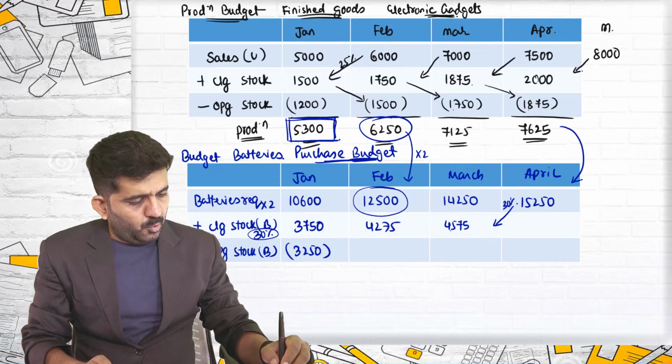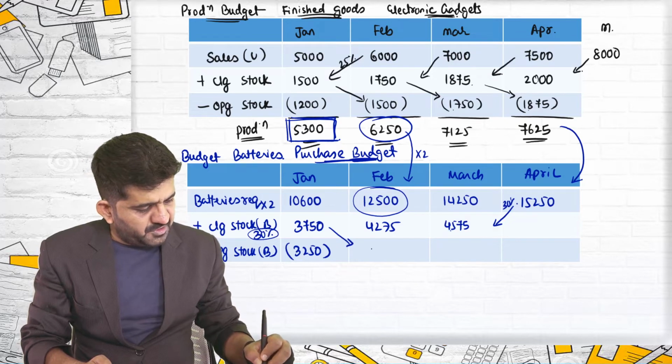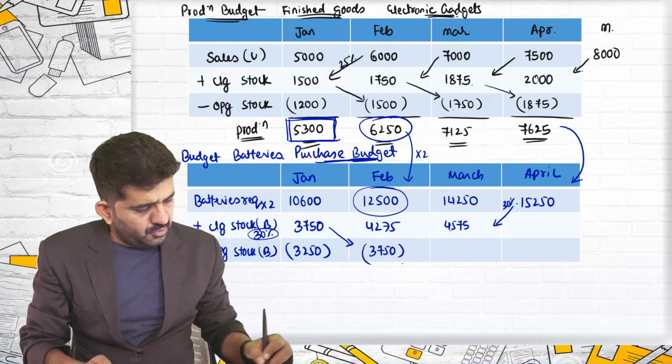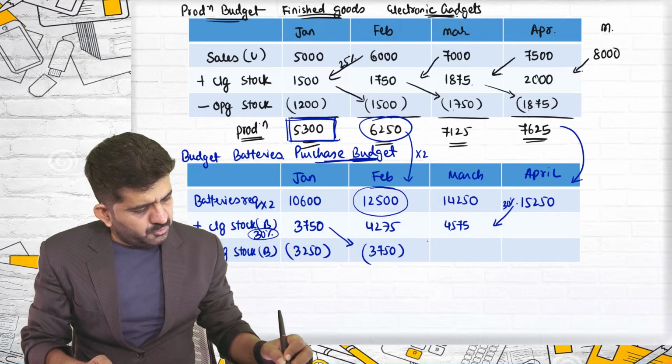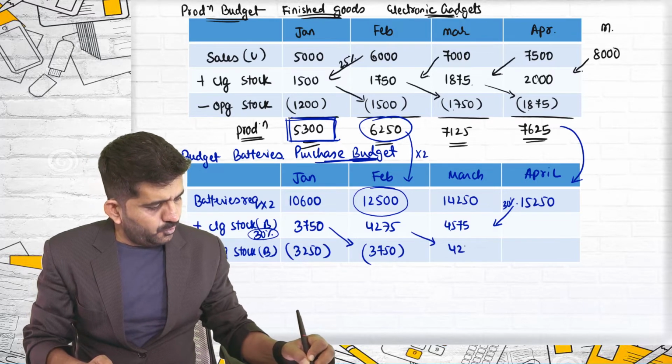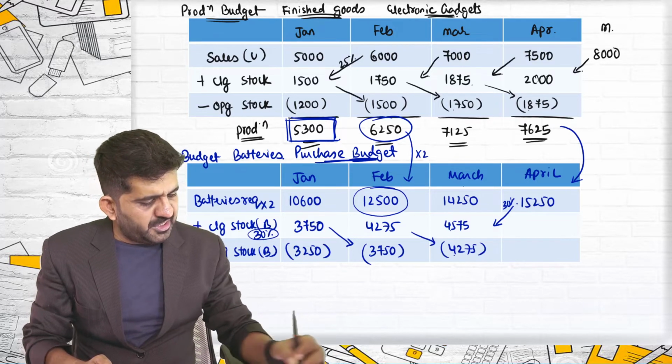What will be the opening stock of February? The closing stock of January, 3,750. Opening stock of March will be the closing stock of Feb, 4,275. I want only January, February, March.